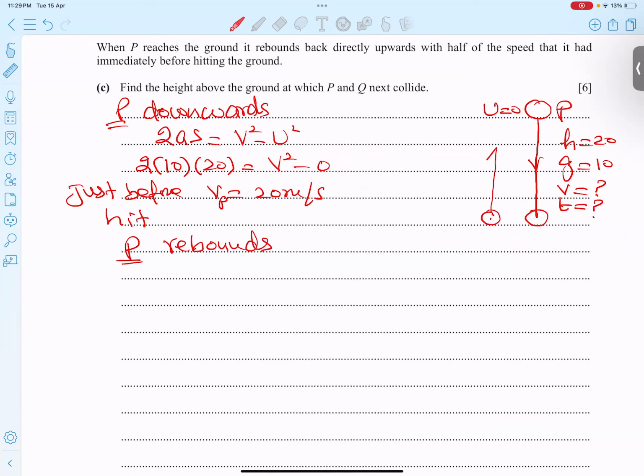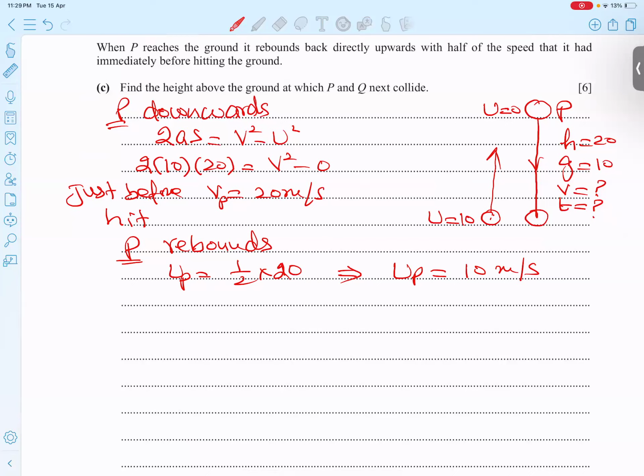It will start moving upward, but what is the starting speed? That is interesting. The velocity VP becomes half of 20, and this becomes UP, the starting velocity of the particle. So I got the velocity going back as 10 meters per second. This is very important to know when it is rebounding back. So the speed is 10 for the P particle.